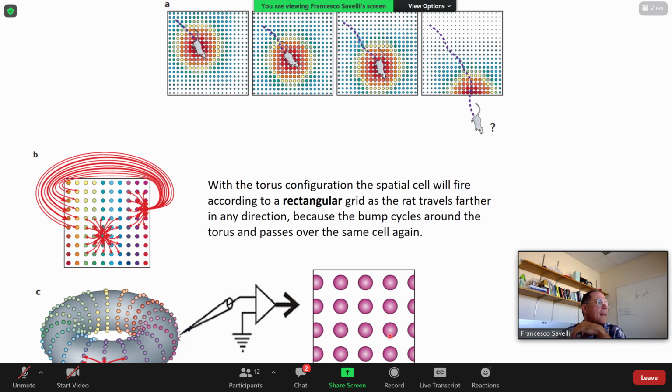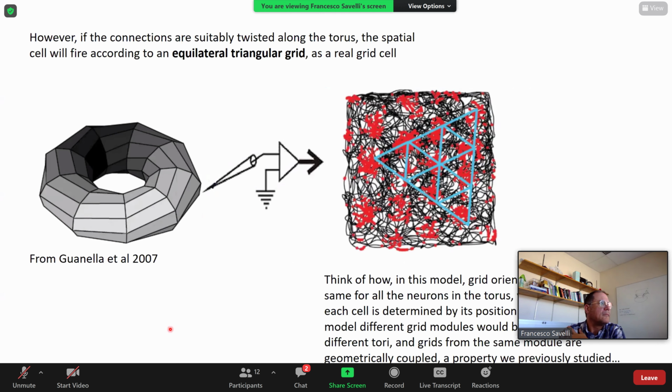Well, if you take a donut like this and you skew the connections in a way that the donut is twisted, like this... now you need a stretch of imagination and really think about it. But because it's twisted, when the animal moves around, it's not going to be a square grid, it's going to be a hexagonal grid.